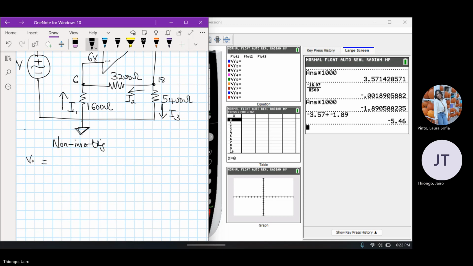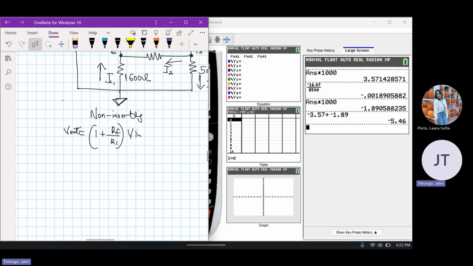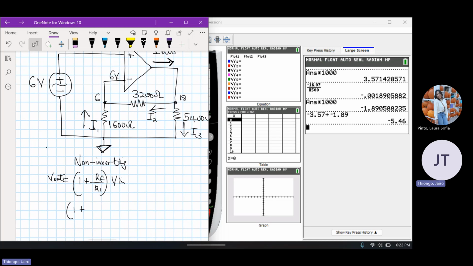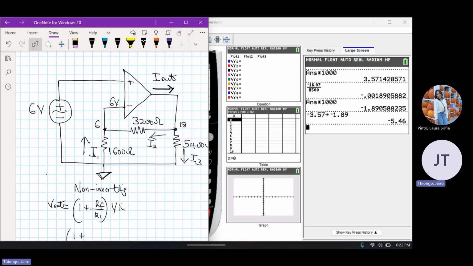So you first have to find V out. V out will be 1 plus RF over RI, which is the equation for non-inverting, multiplied by V in. Another interesting thing is that the RF feedback resistor for an op-amp is always connected to the negative terminal, regardless of whether the voltage input is connected to the positive one.